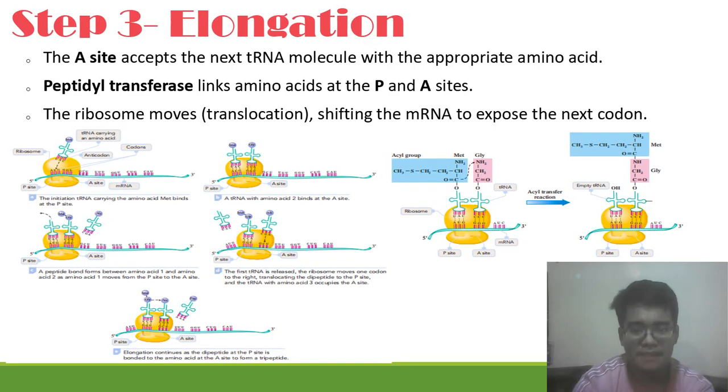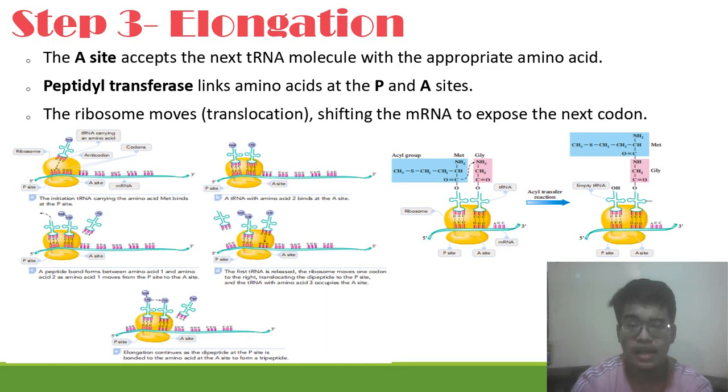Such peptide bond formation leaves the tRNA at the P site empty and the tRNA at the A site bearing the dipeptide. The empty tRNA at the P site now leaves that site and is free to pick up another molecule of its specific amino acid.